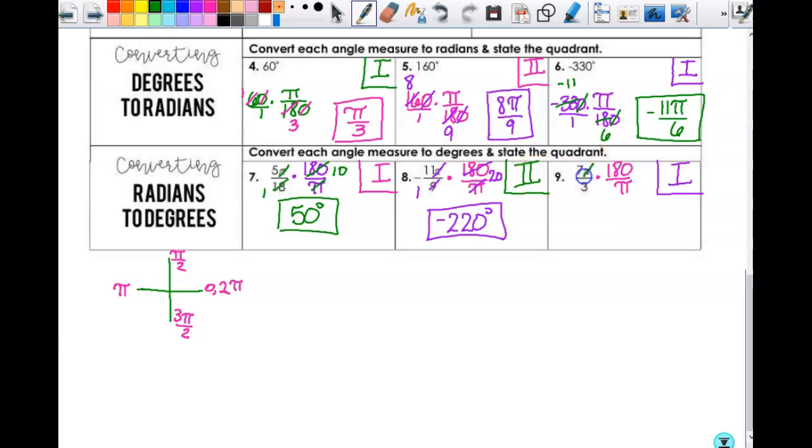The pi's will cancel out. 3 goes into 3 once, and the 180 60 times. So I just have 7 times 60, which is 420 degrees. All right, so that means I go around 360 degrees, and then I'd have another 60 to go, which would be in quadrant 1, so I'm good.